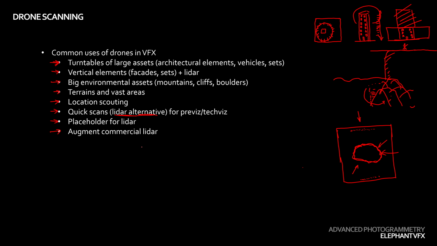So what you want to do in that case is go to the location and do a terrestrial LiDAR. And if you don't have a terrestrial LiDAR available, you can do a drone scan. And then you can combine your drone scan and the commercial LiDAR provided by the country where you're shooting. Okay? So it's a combination of both. And imagine just that, right? From a top view, imagine that this is a big landscape.